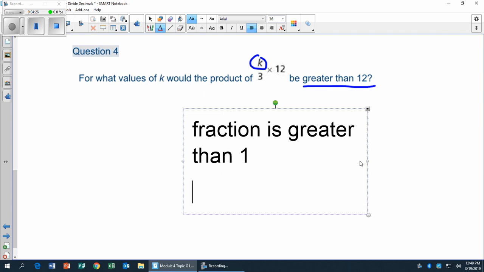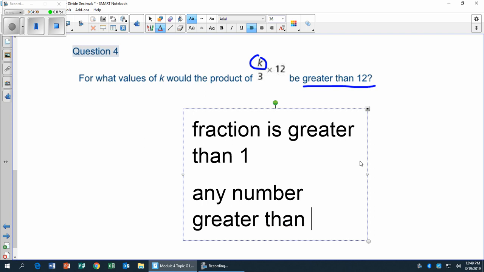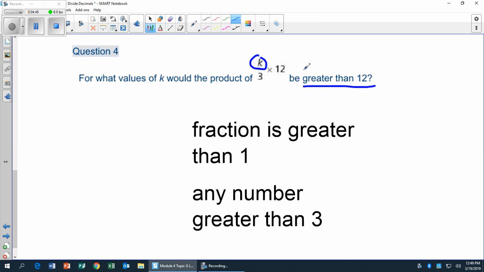So any number greater than 3, because 3 over 3 would be 1, and that wouldn't work. But 4 over 3 would be greater than 1, 5 over 3 would be greater than 1. So anything that's greater than 3, and that's all because this says greater than.